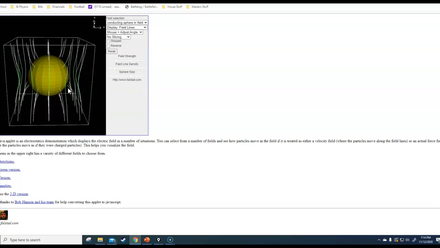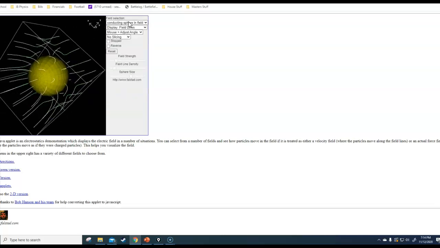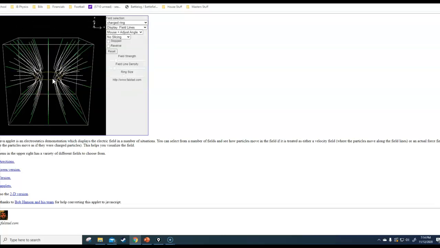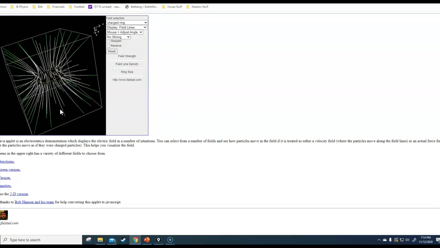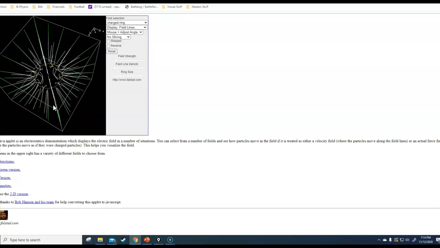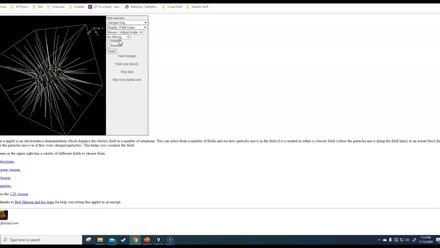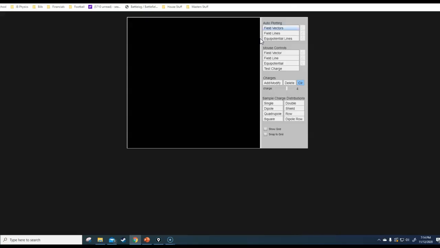I could have a conducting sphere. If you ever take physics in college, you'll deal with more complicated situations than single point charges. You could have a ring of charge that has its own electrical field, and it can get pretty complicated actually.